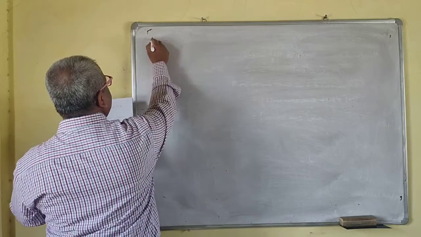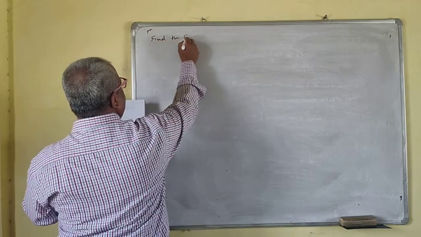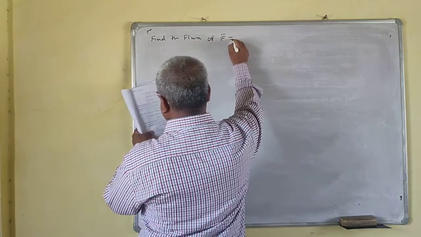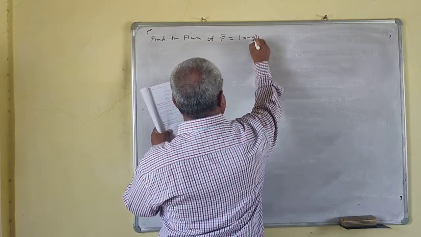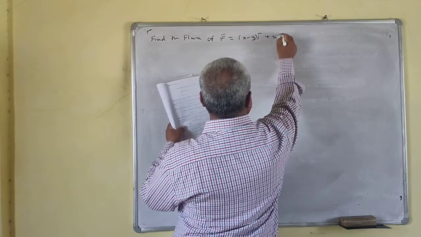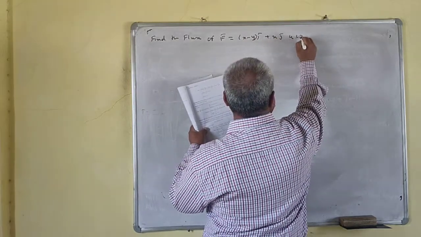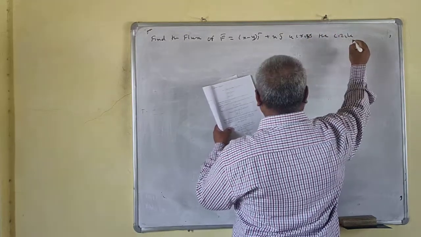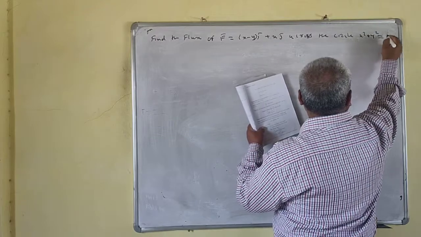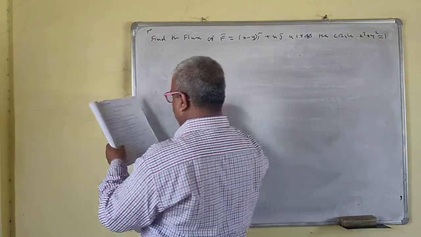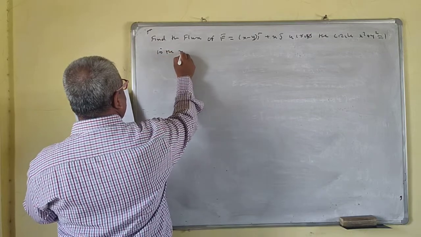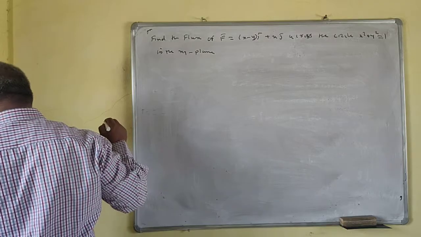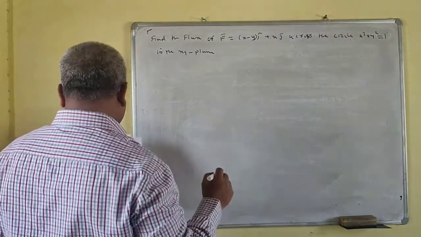Find the flux of a bar equals x minus y i bar plus x j bar across the circle x square plus y square is equal to 1 in the xy plane. Okay, solution.